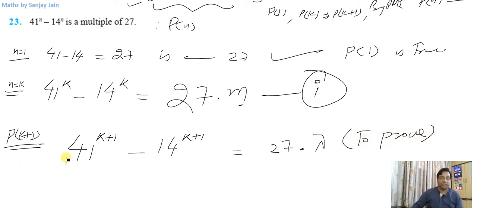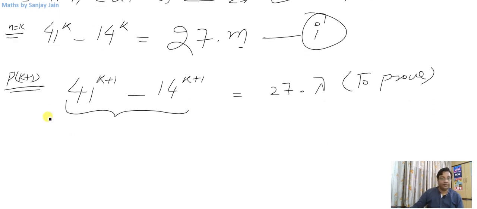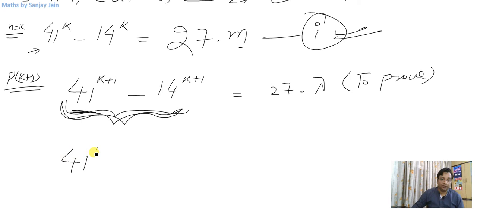So let's use its left hand side only. So I will use this equation to prove this to be a multiple of 27. So I'll have to write this expression in the form of this left hand side, where I have got 41 raised to power k. So let me write this term as 41 raised to power k into 41.